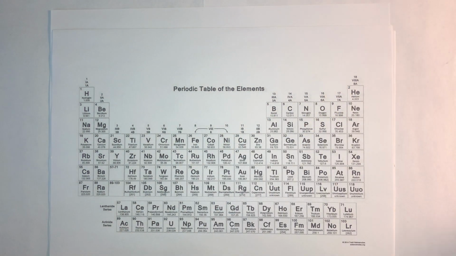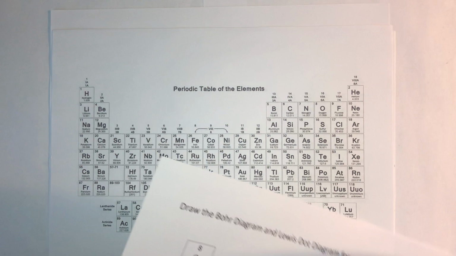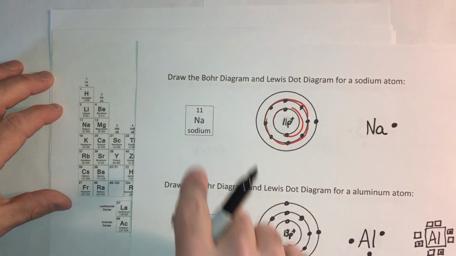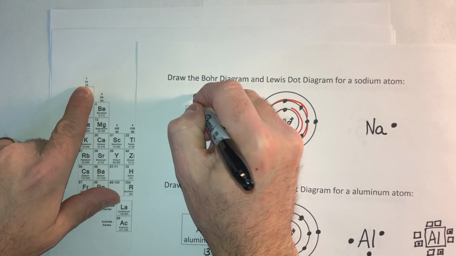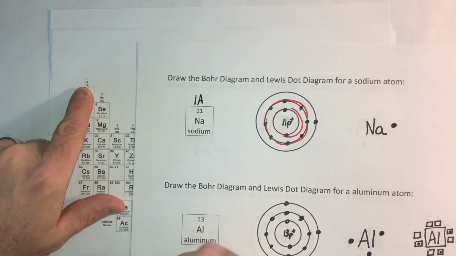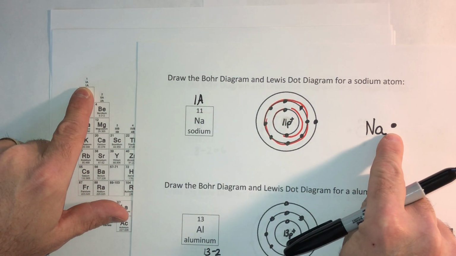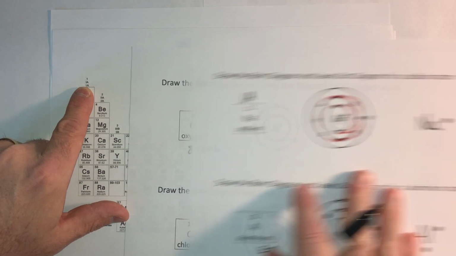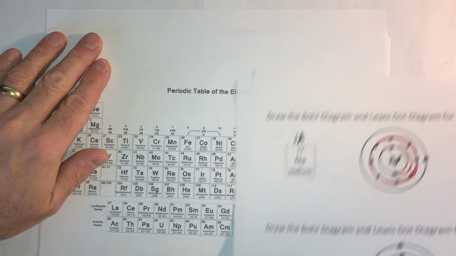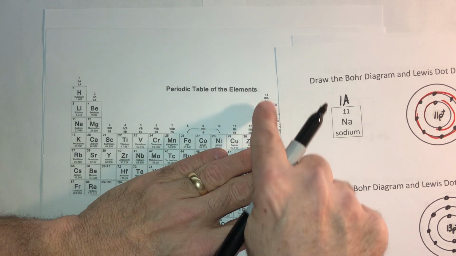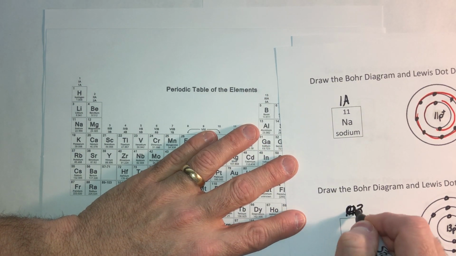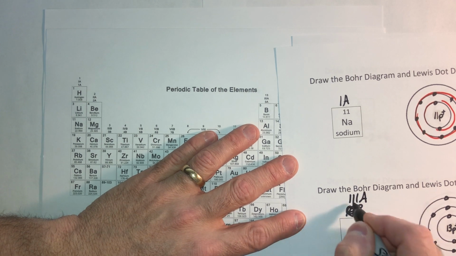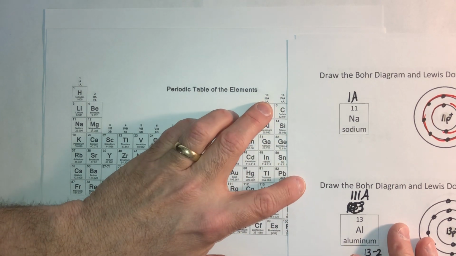Well, let's go back here for a second to the problems that we've already done. Sodium, right here, was in group 1A, and it has 1 valence electron. If I look at the aluminum, aluminum is here. Aluminum is in group 3A. They do use Roman numerals sometimes.